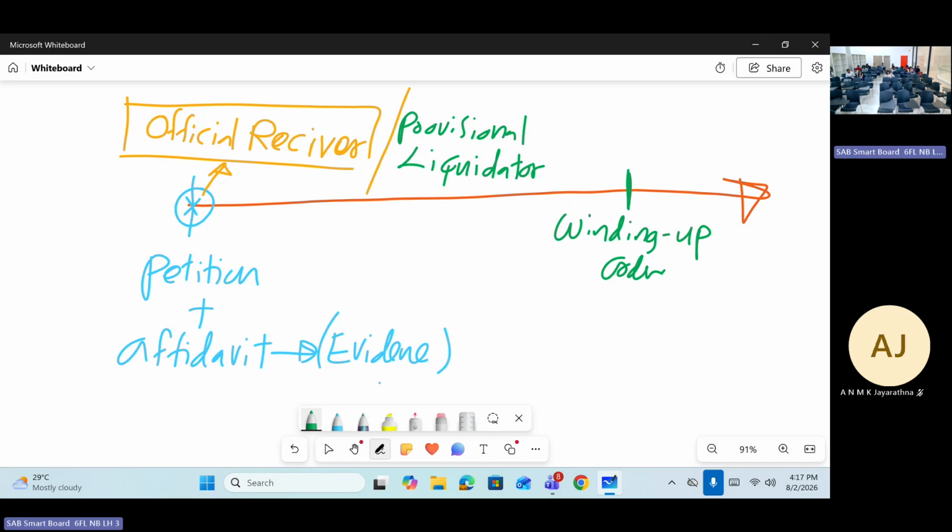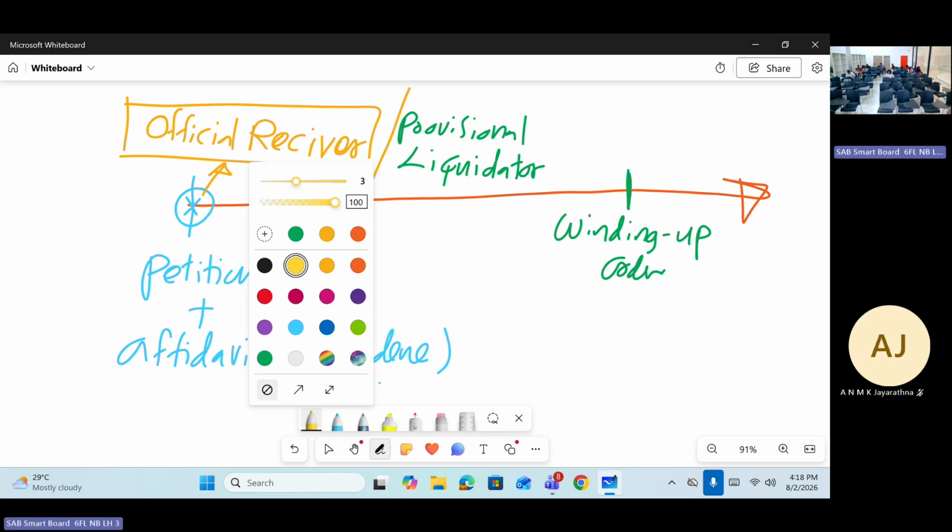Now, supposing the winding up order is given by the court after considering the evidence. Then, after the winding up order, the court will appoint another officer. This officer is named as liquidator.